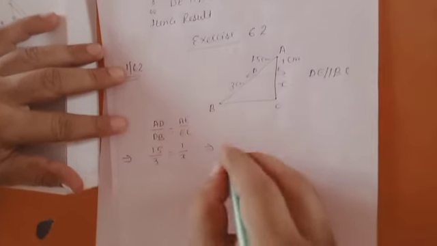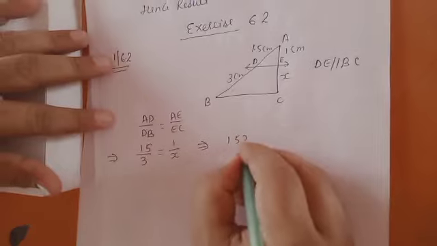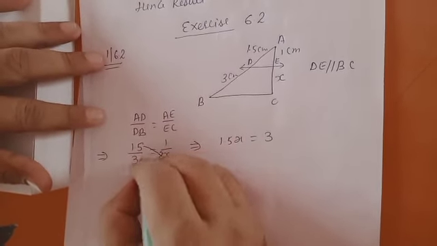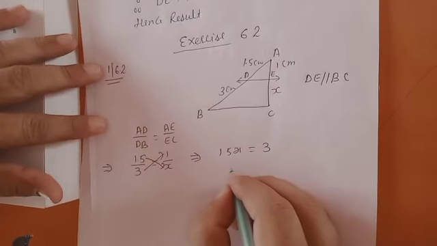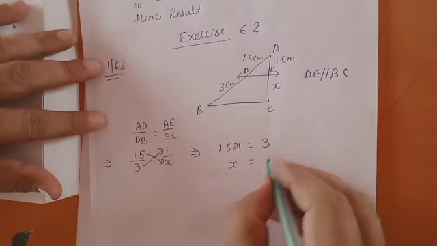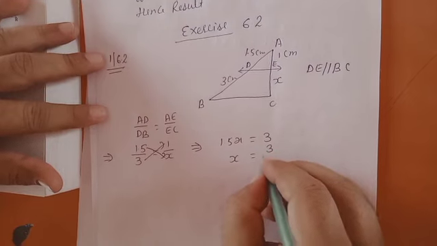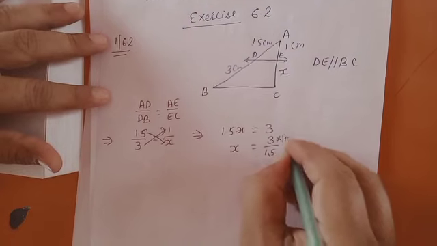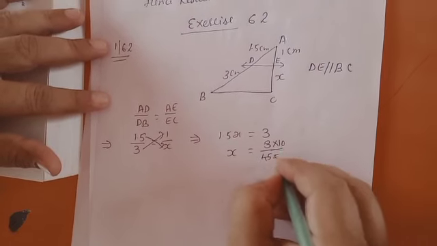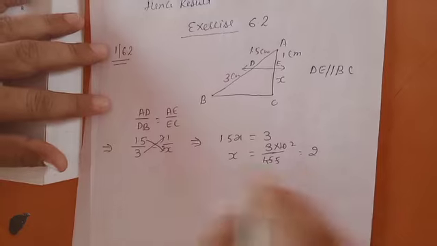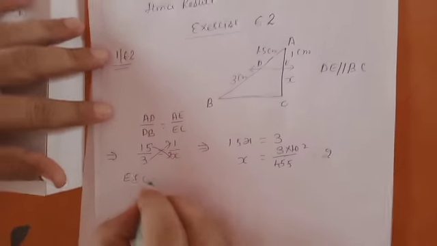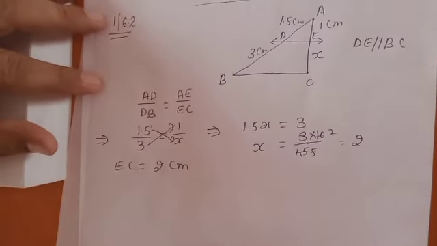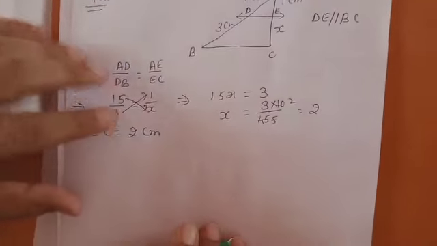After this, it becomes 1.5x is equal to 3. Cross multiplication, this multiplied with this, this multiplied with this. Then x is equal to what? 3 by 1.5. Remove this decimal, here comes 10. 3 fives are 15, 5 twos are 10. It means 2. So EC is equal to 2 centimeter. Understood or not?